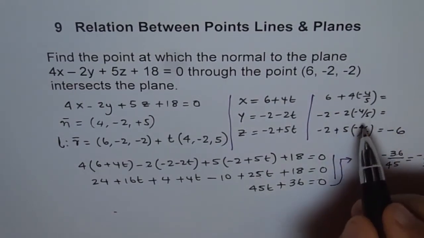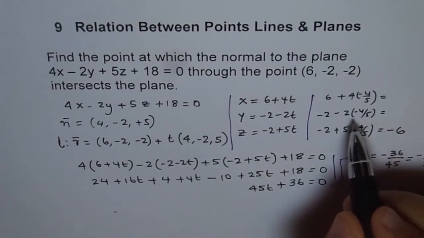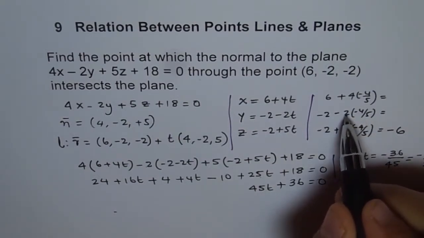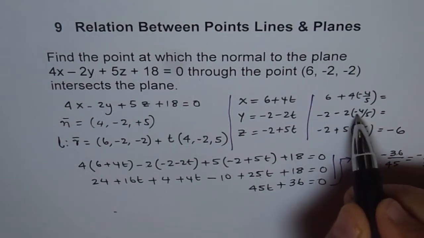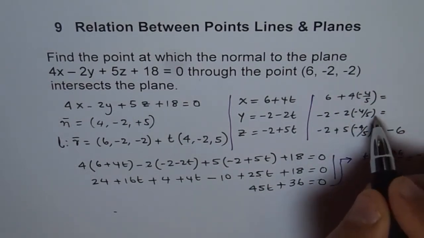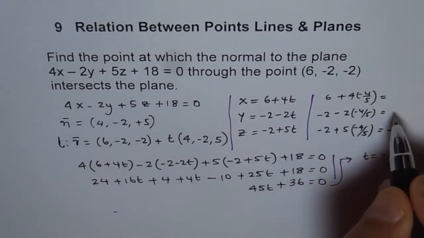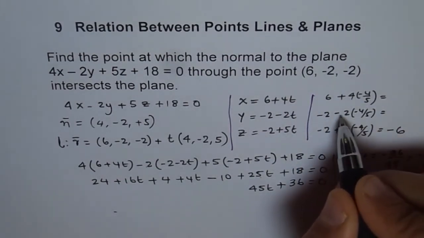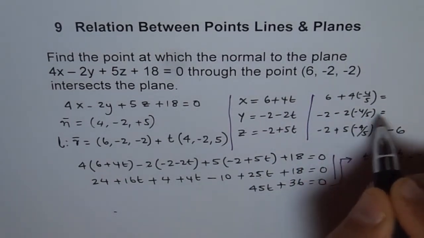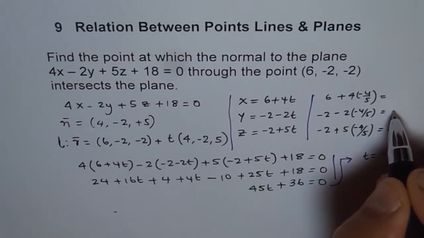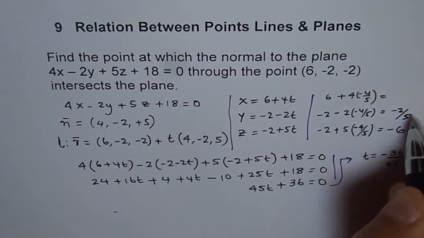Now here we have 5 in the denominator, and the numerator is 2 times 4 is 8, but it's plus 8, right? So we'll cross multiply the minus 2 with 5, giving minus 10. Minus 10 plus 8 is minus 2, so we get minus 2 over 5.